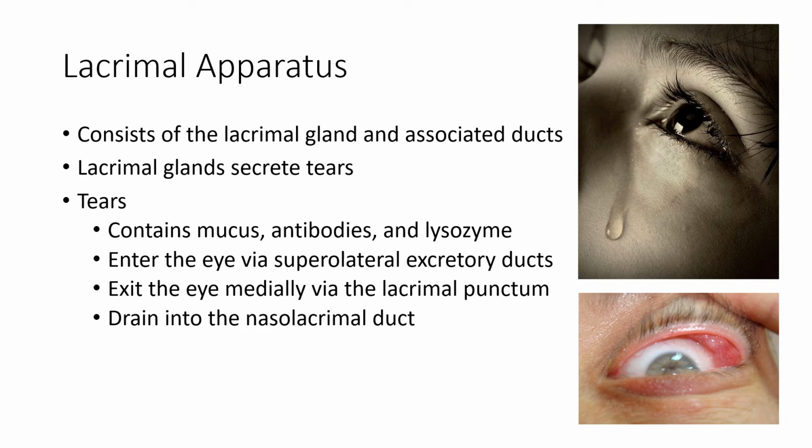And the lacrimal apparatus sits on top of that bone. So we've got this fluid, tears, that are going to be secreted onto the eye, and the gland that does this is located on the upper outside corner of the eye, so the superior lateral corner of the eye.